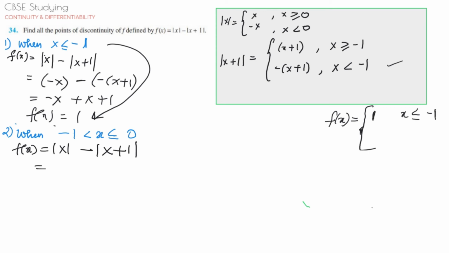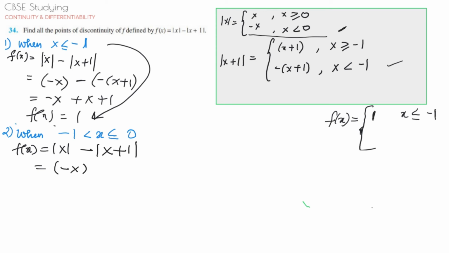Okay. So in the second condition, the values of x have to be between minus 1 and 0. So what happens to x when it is between minus 1 and 0? Between minus 1 and 0 means that x is still negative, right? It is lesser than 0, right? So according to this condition, we will say that x is negative. What happens to x plus 1 though?